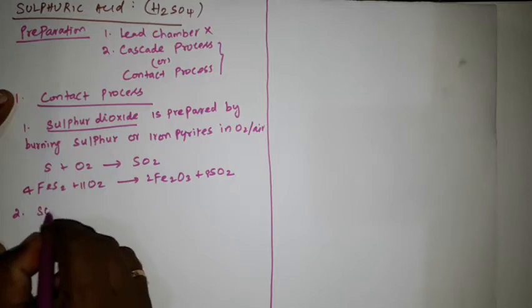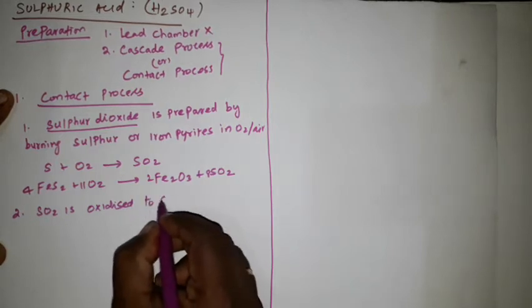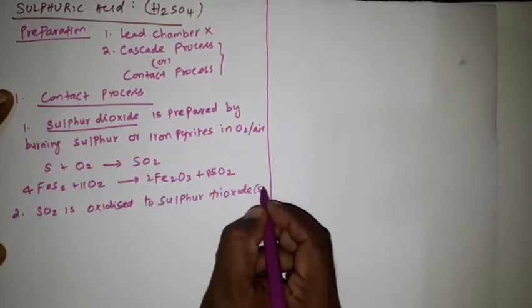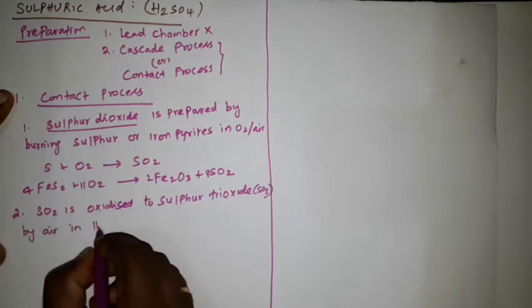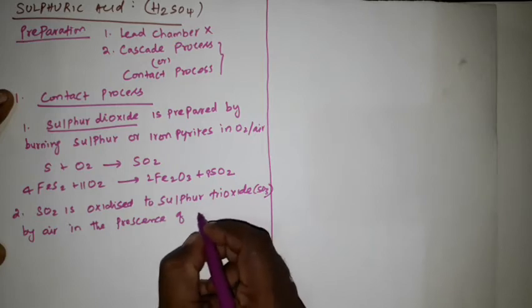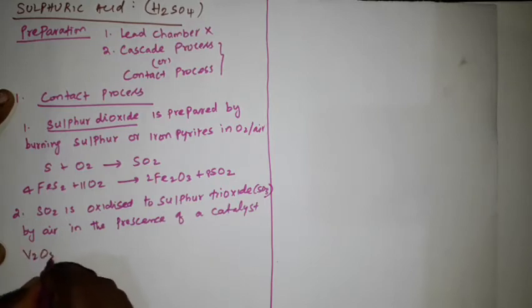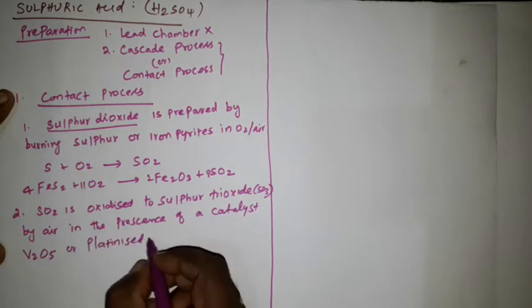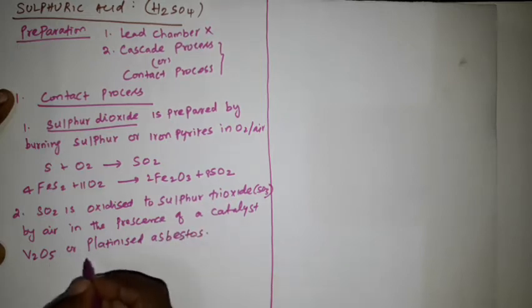So sulfur dioxide is oxidized to sulfur trioxide, that is SO3, by air in the presence of a catalyst named vanadium pentoxide V2O5 or platinized asbestos. Okay. So this is your step 2.